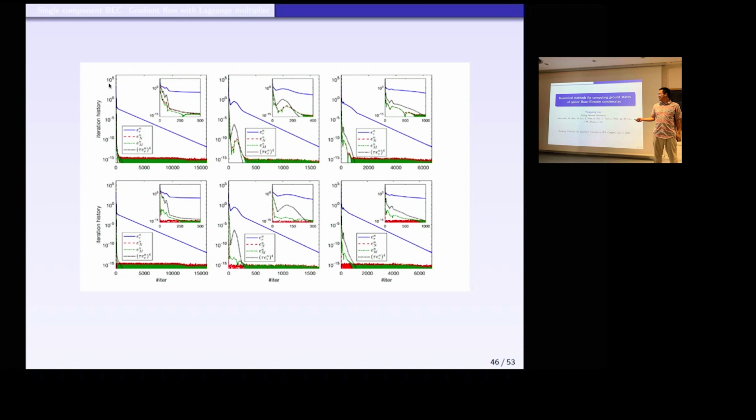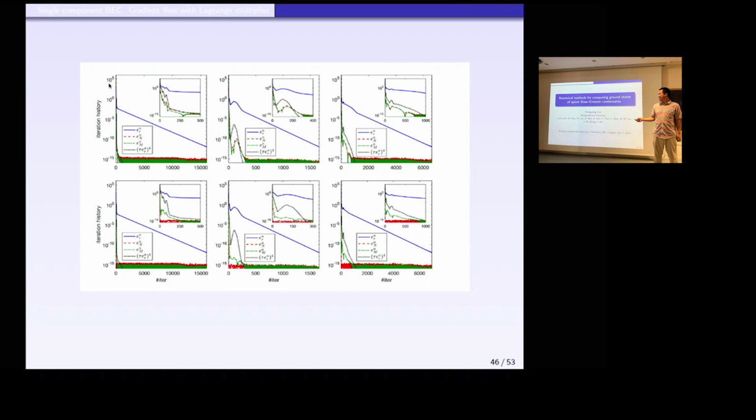And this red one is the deviation from the total mass, and this green line is the error of the total magnetization. From here we see initially the constraints are not satisfied exactly because we use inexact projections.